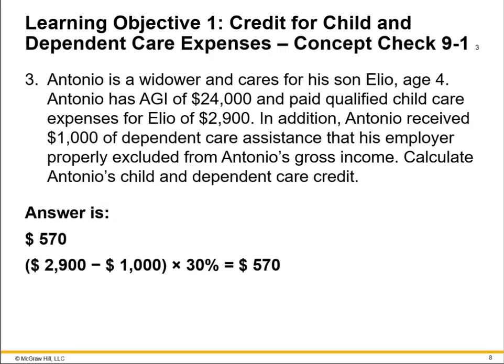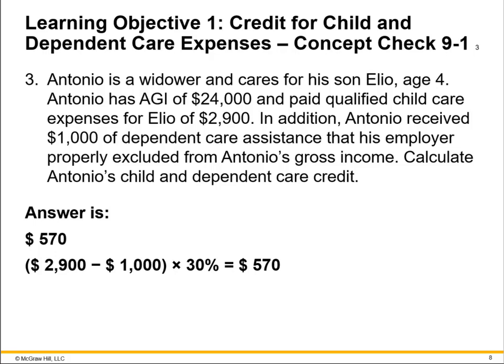Okay, Antonio's a widower. That means he's single, and cares for his son, age 4. His AGI is only 24,000. He paid expenses of 2,900, but received care assistance from an employer, which is excluded. That's going to reduce how much they can consider.